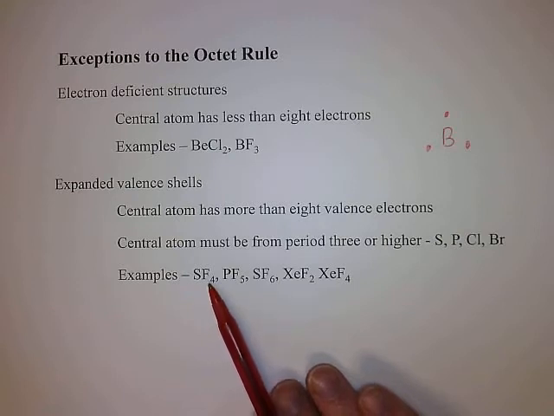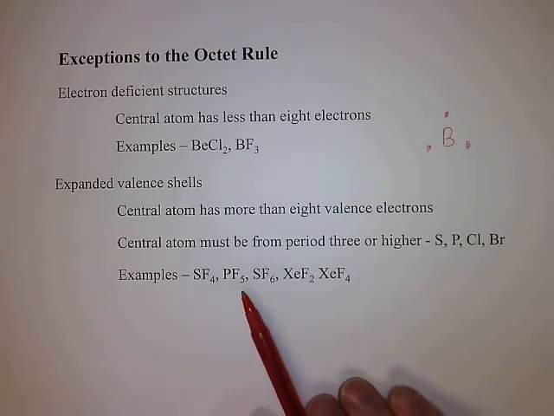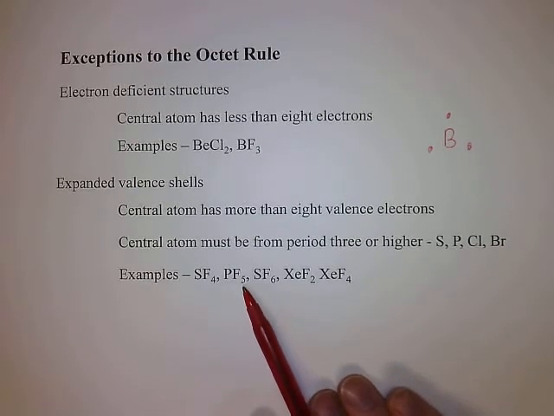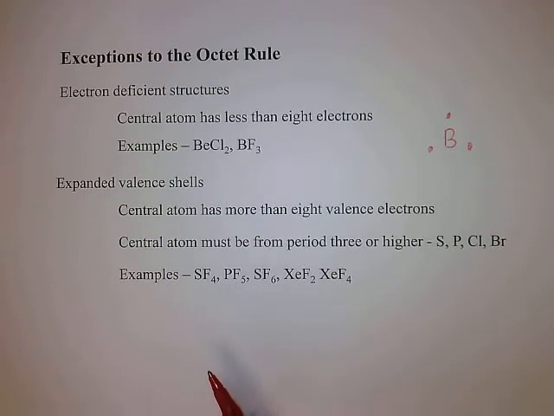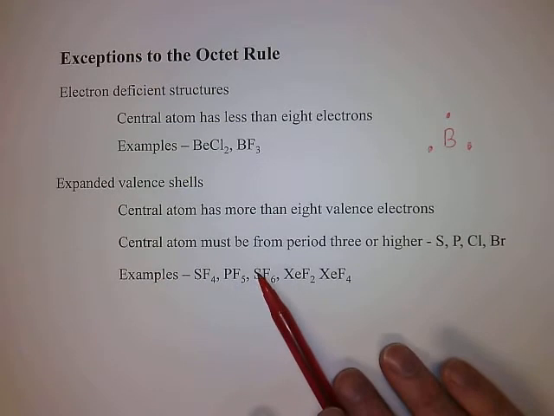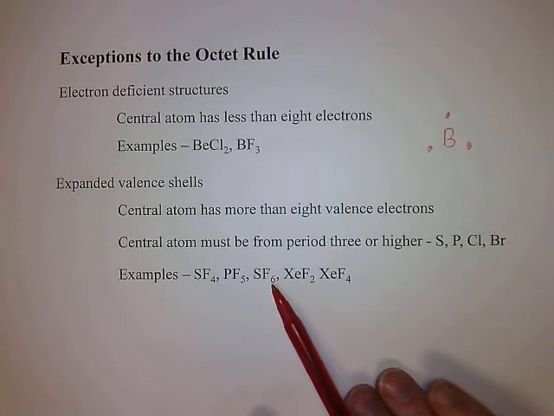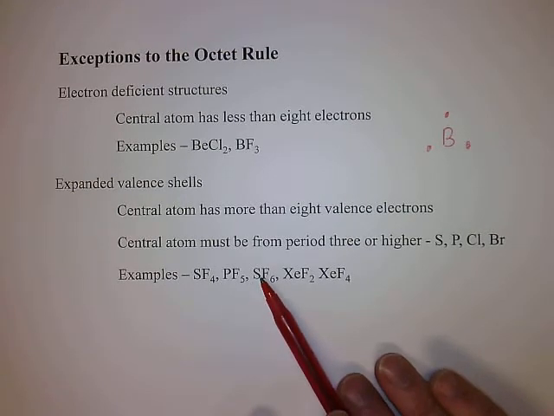You would have to draw out the structure for SF4. But what about PF5? That's clearly going to violate the octet rule because you have 5 attached atoms to the phosphorus. That means you're going to have 5 electron pairs around the phosphorus. Same thing here, SF6, you're going to have 6 electron pairs around the sulfur.